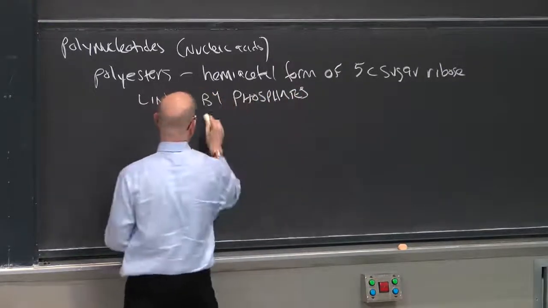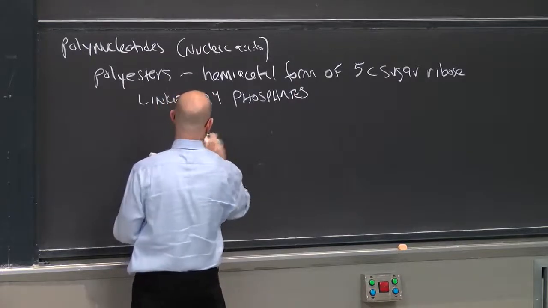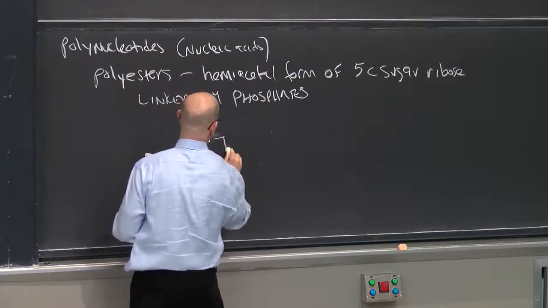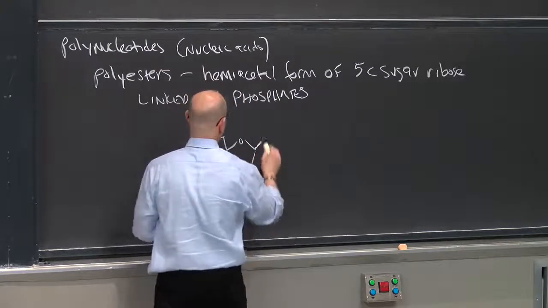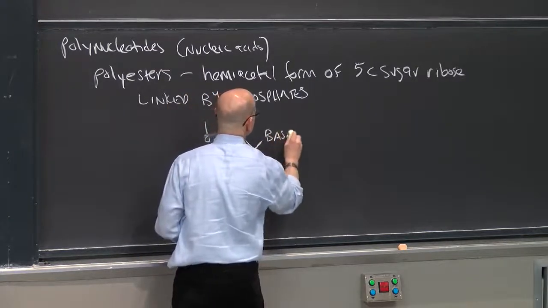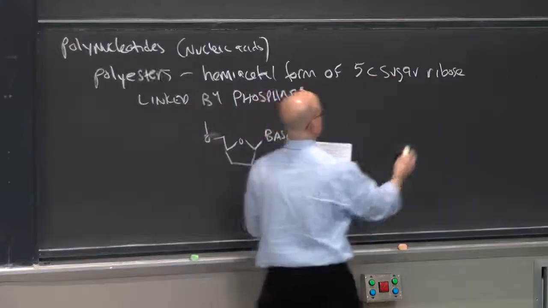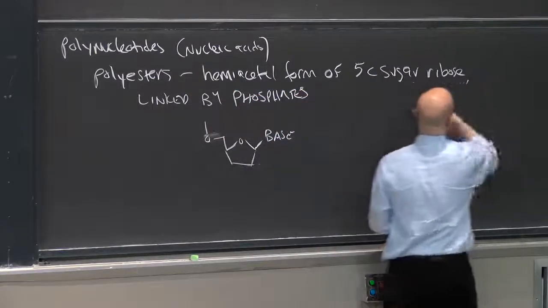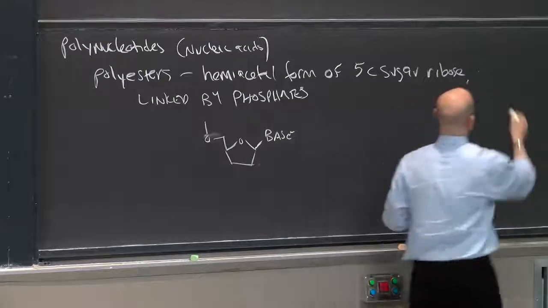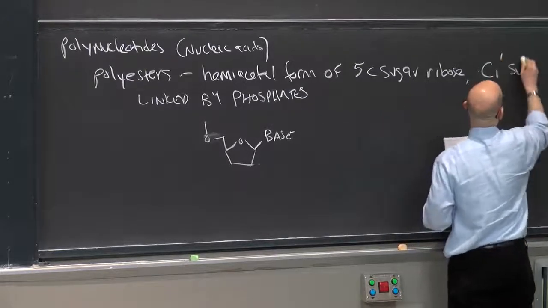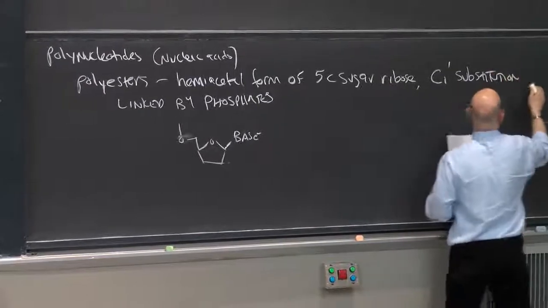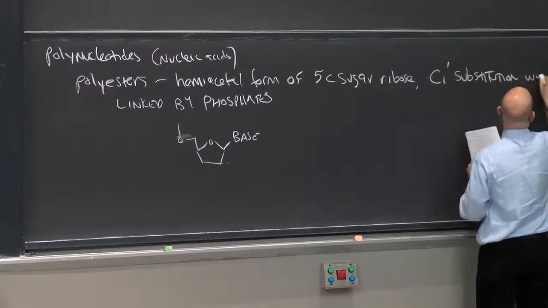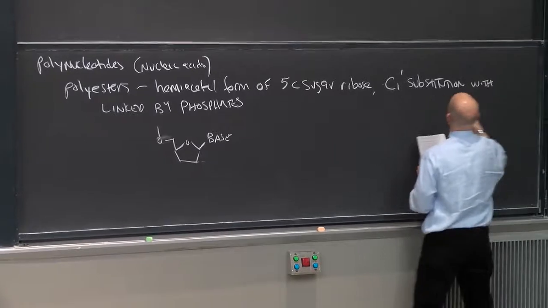And in this case, what we're talking about is a structure that looks like this. The base. And the 5-carbon sugar ribose has a C1 prime substitution. We will go through this in detail later in the semester. C1 prime substitution with a nitrogenous base.